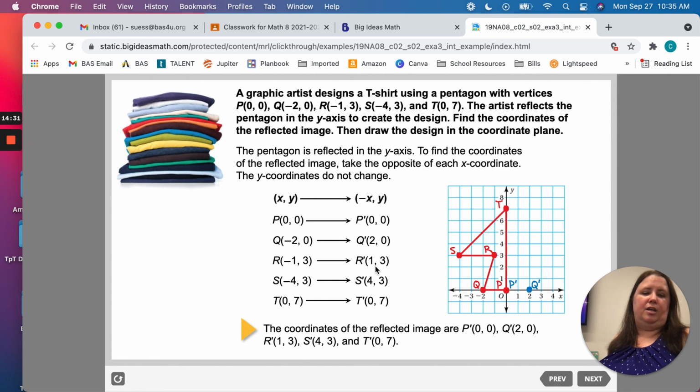My next value is over 1, up 3. My next value is over 4, up 3. And my last value, I don't go anywhere left or right, I just go straight up to T. And you have its reflection. If you connect it, you now see a shape.